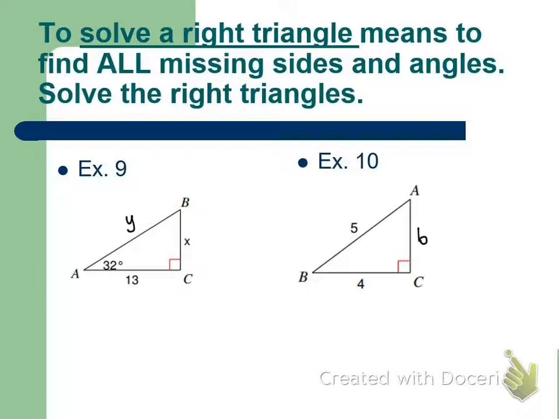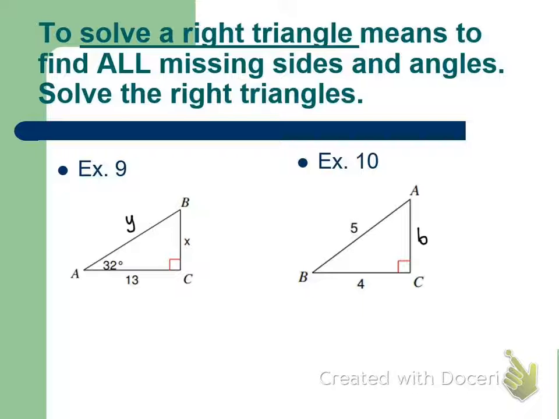Okay. So number 9 is a little bit different from the ones we've seen because they gave us an angle measure to start out with, which was nice of them. So what's going to be the easiest thing to find right now that we don't have written down just yet?